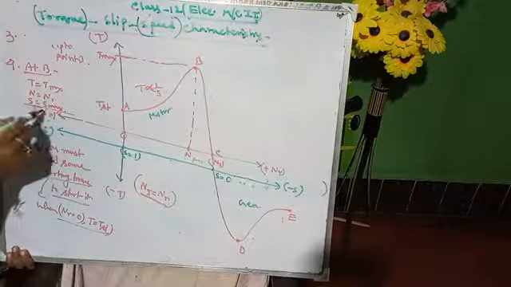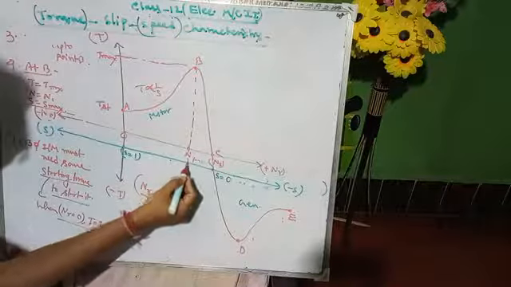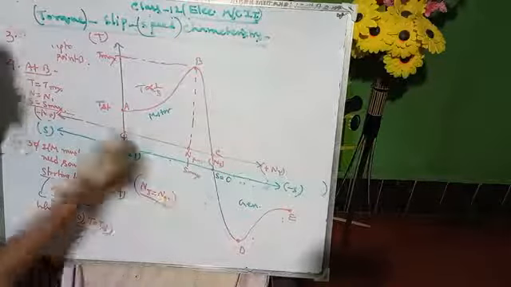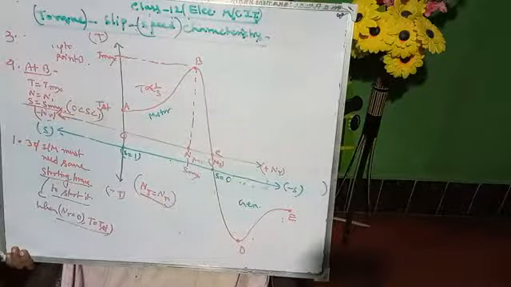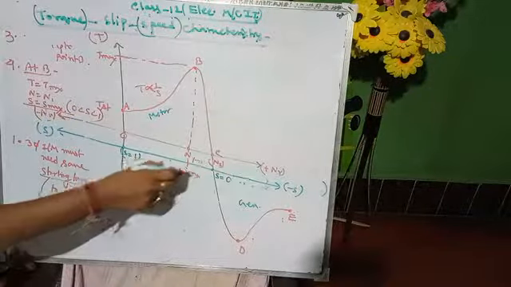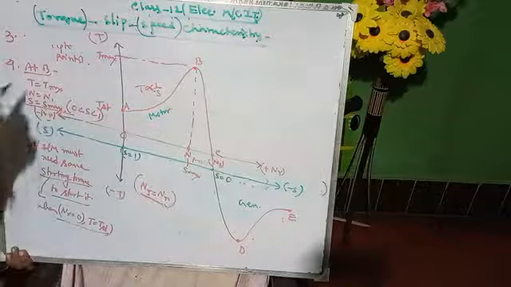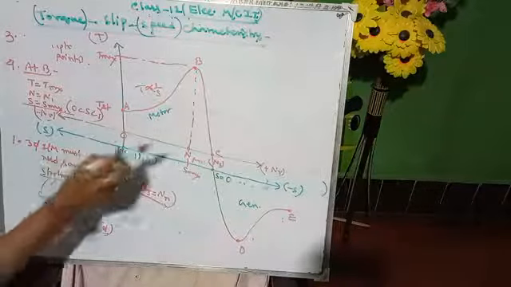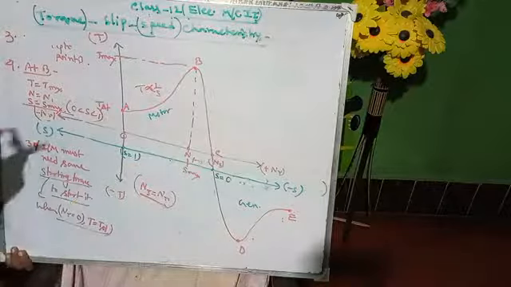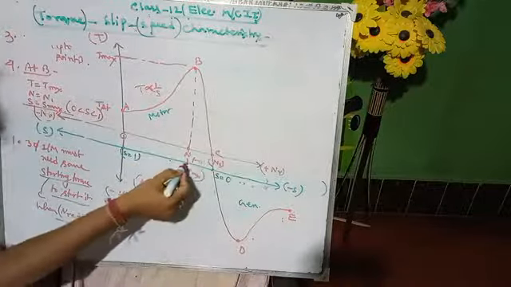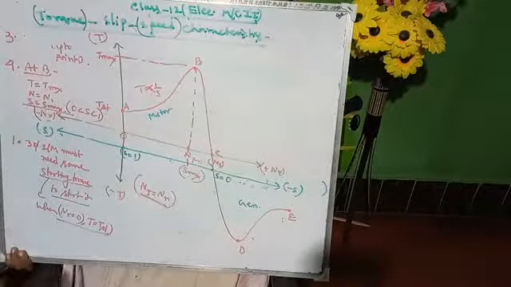This particular slip is between 0 and 1, always remember it is between 0 and 1. At the particular value of slip the torque will be maximum, at point B.